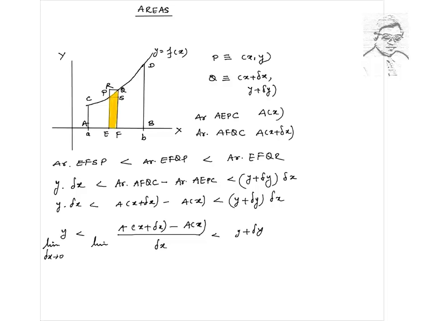So when we put the limit, remember the squeeze play theorem or sandwich theorem. When we take the limit, the equal to sign holds, but when delta x is approaching 0, delta y is also approaching 0.